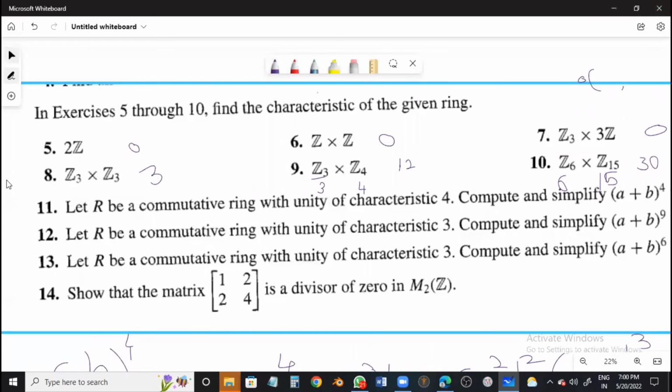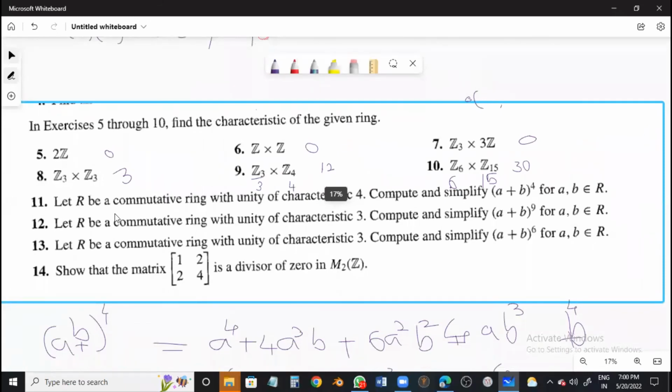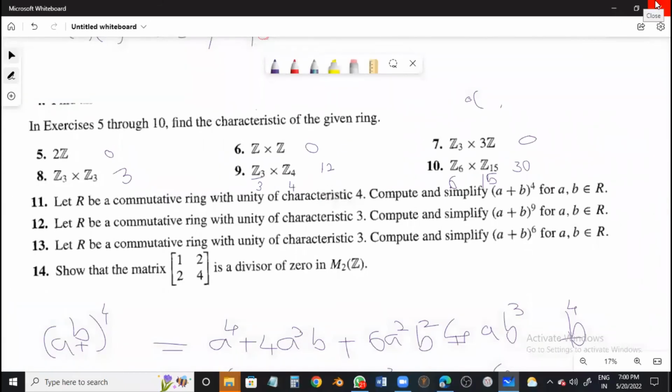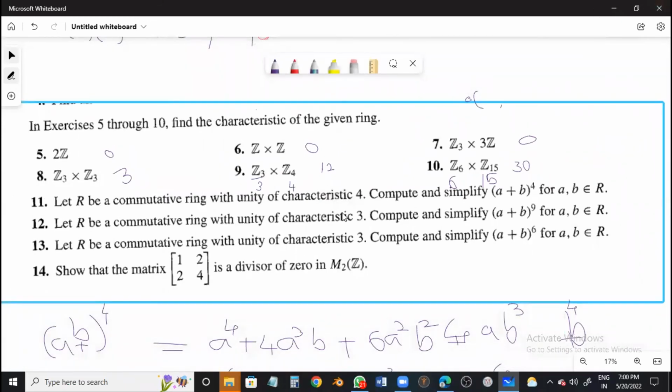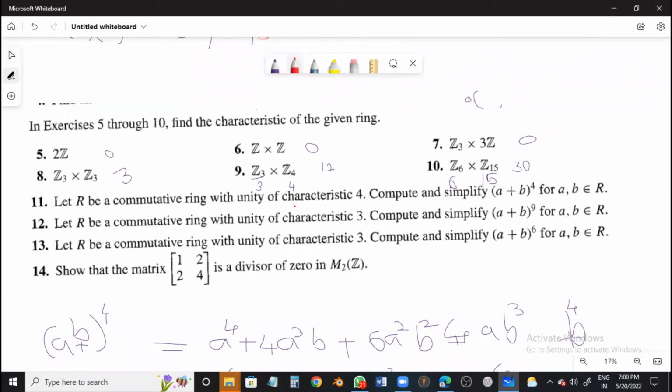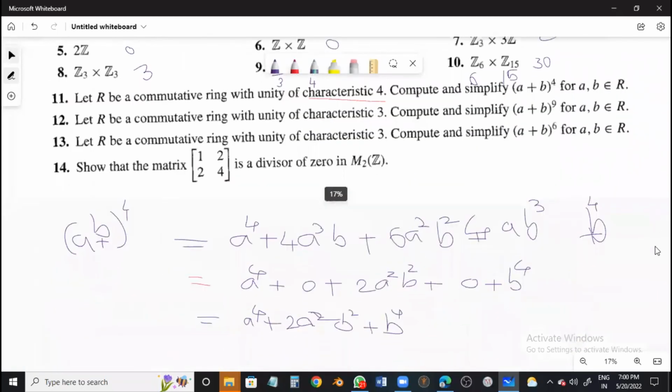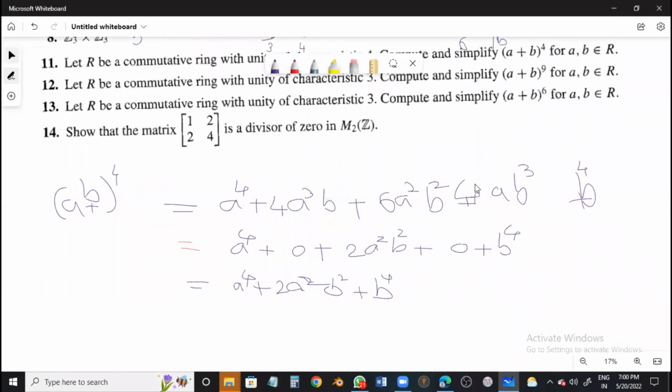And I would like to deal with this as a last question. R is a commutative ring with unity and the characteristic given is 4. You are required to compute (a plus b) raised to 4 and simplify it. So what is the expansion?